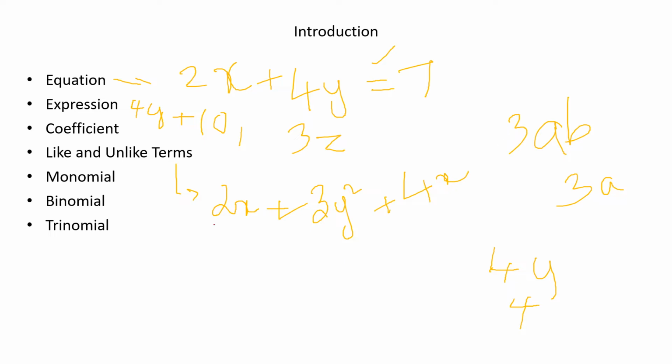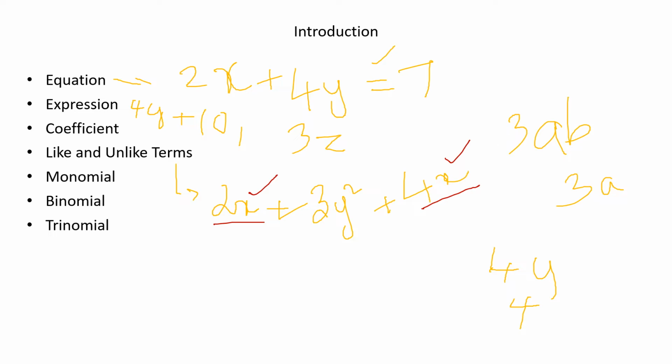Here 2x and 4x are like terms. Why? They have the same variable, right? Like terms means they have the same variables. So 2x and 4x are the like terms, and 3y square is unlike. 2x and 3y square are the unlike terms, or we can say 3y square and 4x are the unlike terms.